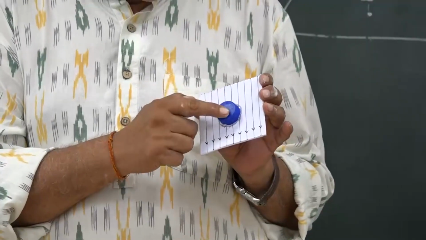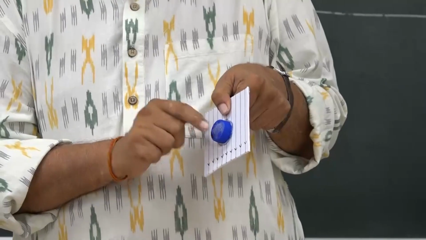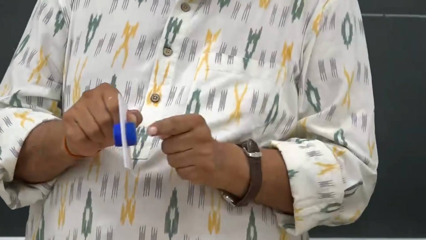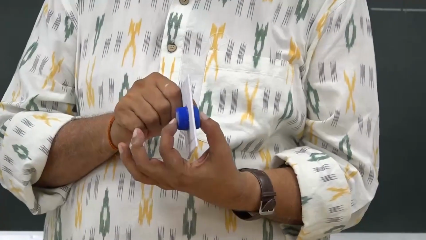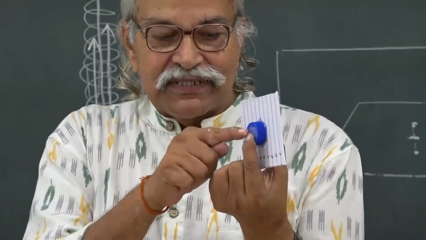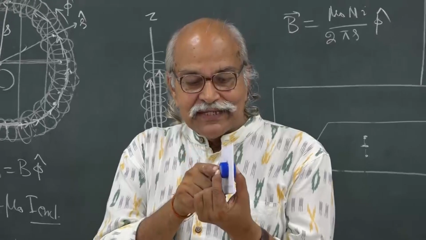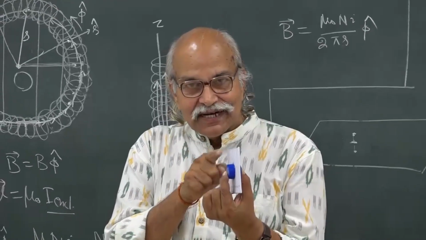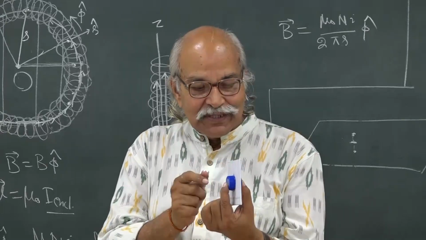Now, on one side of this surface we have taken a point here, and on the other side of the surface we have taken a point here. So, we first take 2 points, look at my fingers. So, this represents one point and this represents another point. One point is on one side of the surface, the other point is on the other side of the surface. So, this is the geometry.